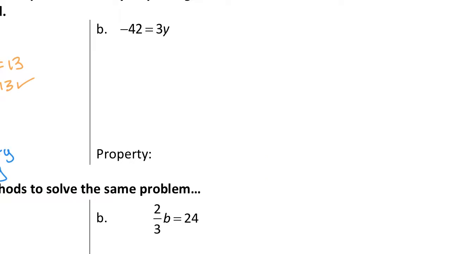For this next problem, we learned this last time, but let's not forget that whenever you see a variable next to a number, or when you see two variables, two letters next to each other, that always means multiplication.